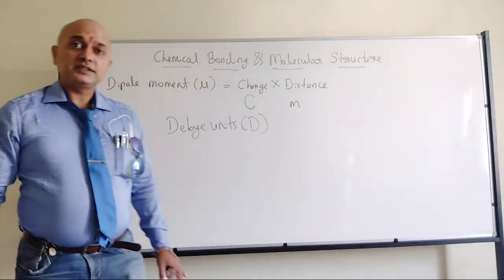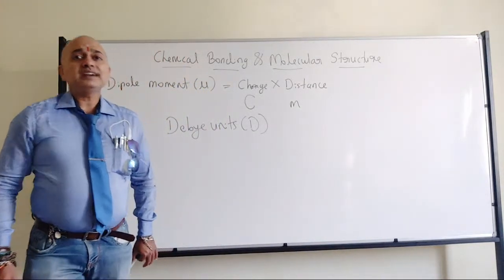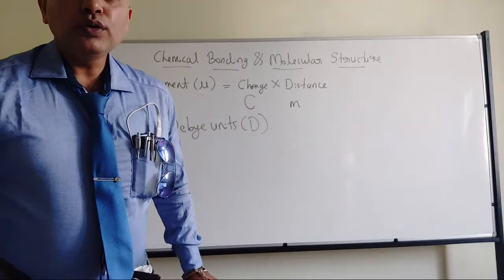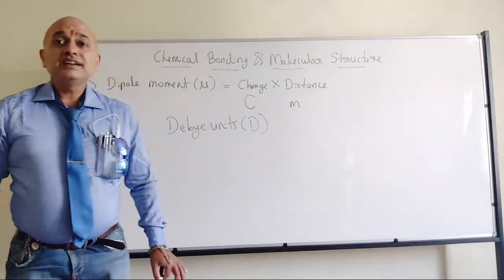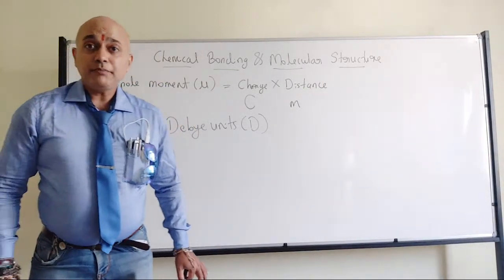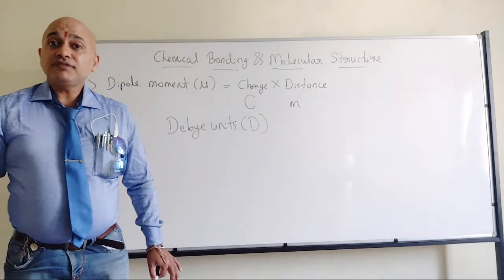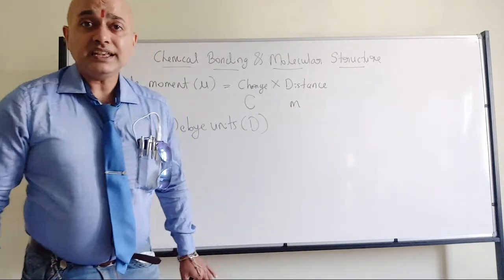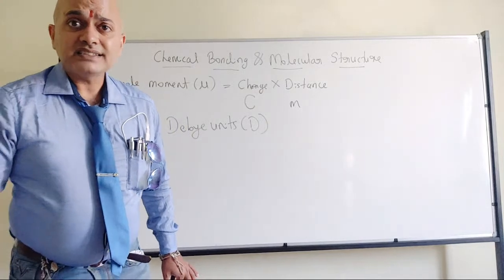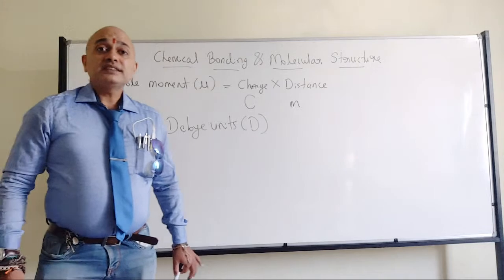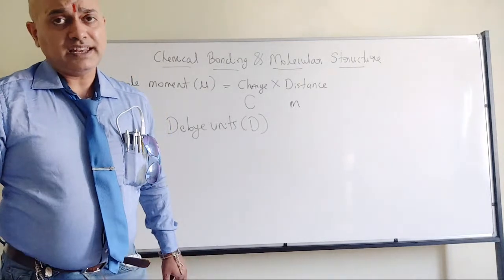Yes, absolutely correct. Dipole moment is applicable only in those molecules where different types of elements are there, along with a difference in their electronegativity. Then we can see the dipole moment.